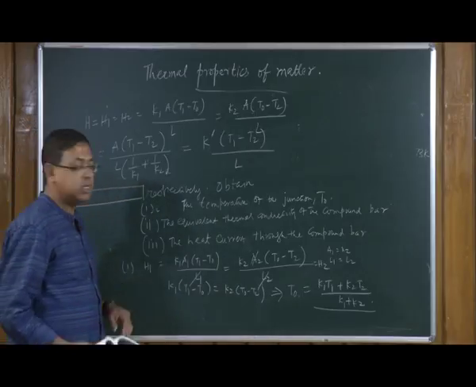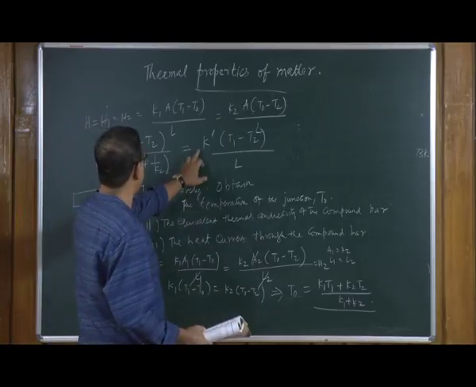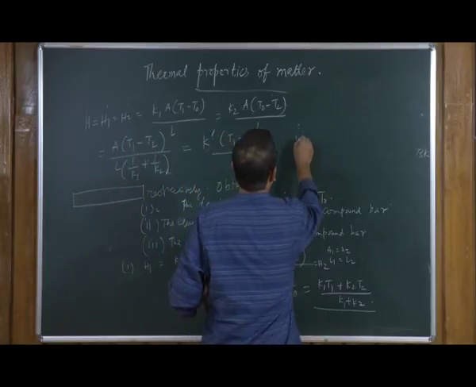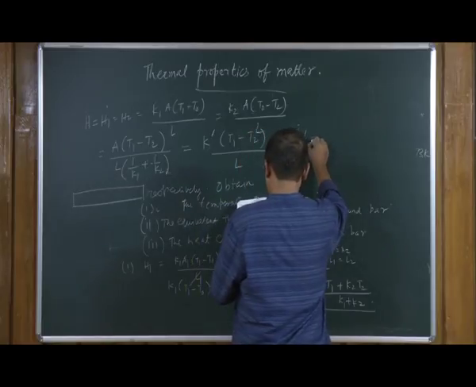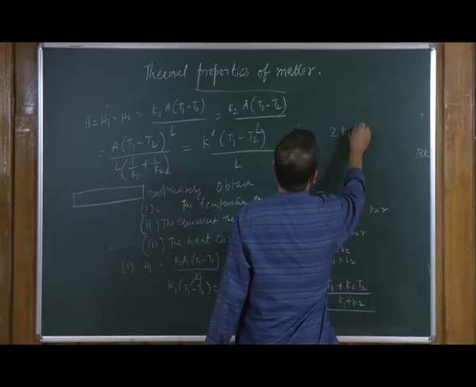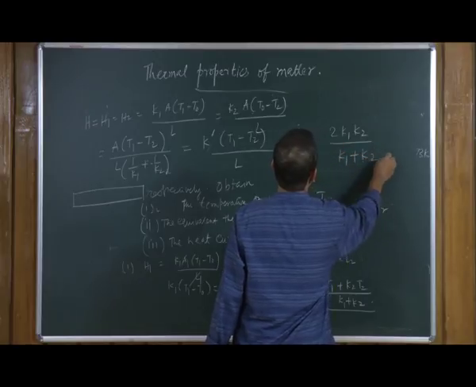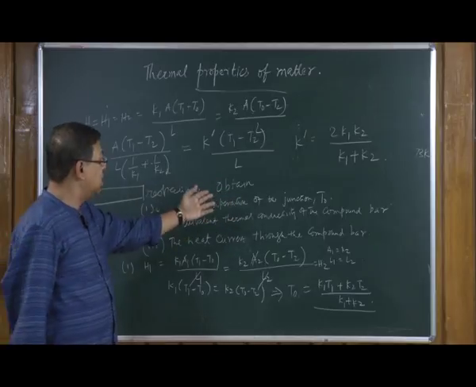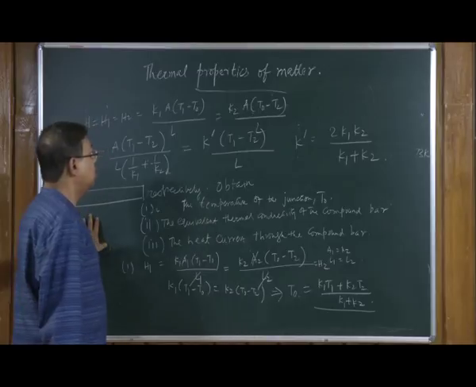The time has not entered into this consideration. So, if you compare between the two, K prime is written as twice of K1 K2 divided by K1 plus K2. So, that is the effective or the equivalent conductivity that exists for the compound bar.